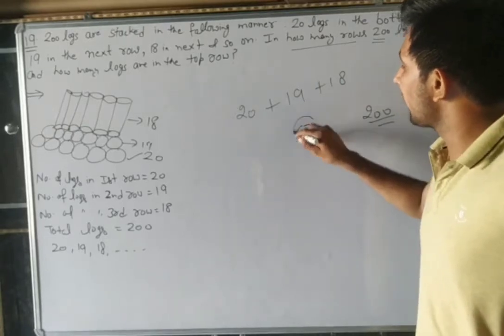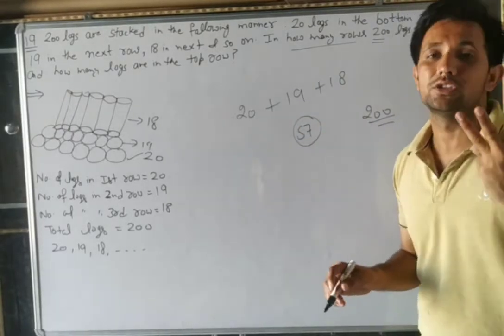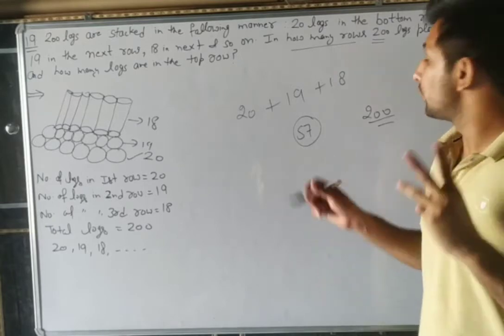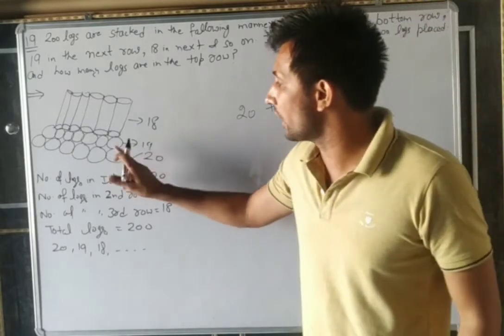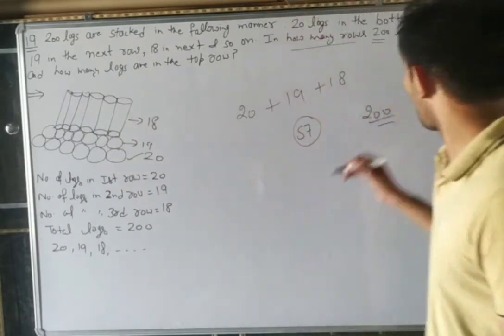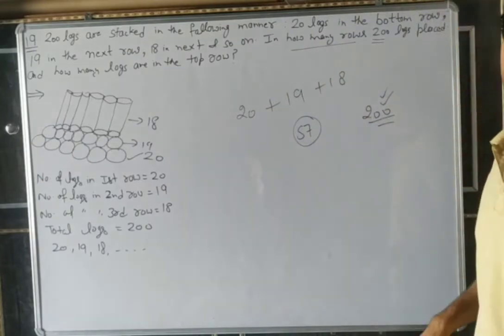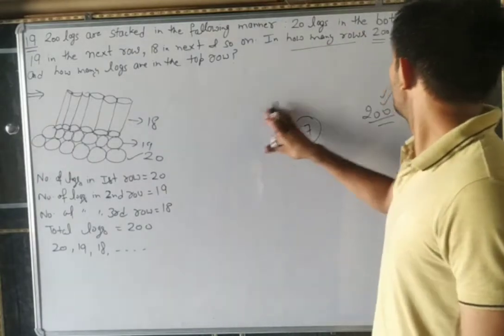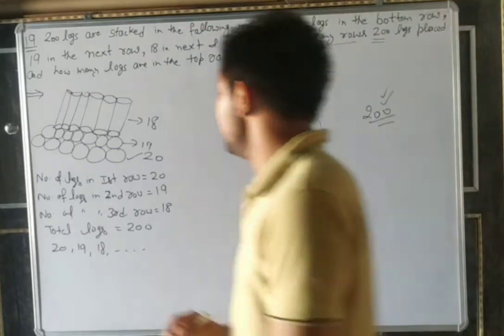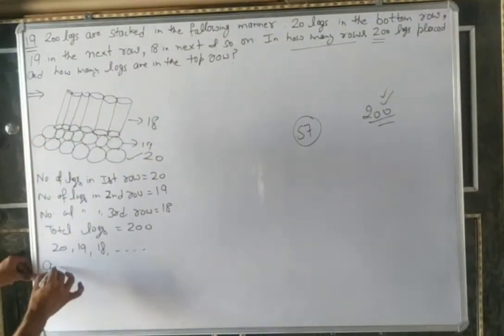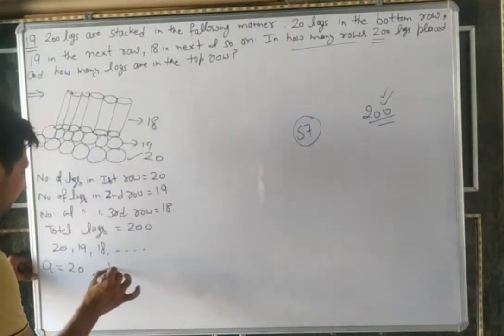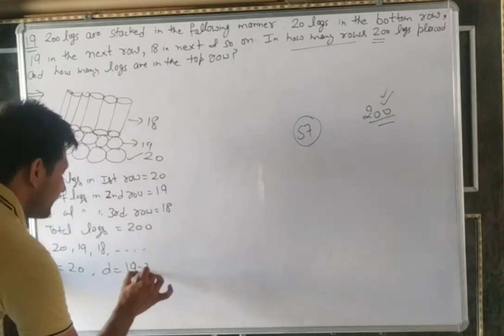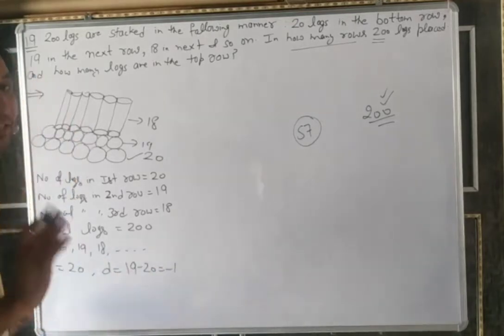So if I ask you how many rows are needed to place 57 logs, it is 1, 2, 3. But here the total is 200 logs. So it means a equal to 20 and d equal to 19 minus 20, how much? Minus 1, dear.